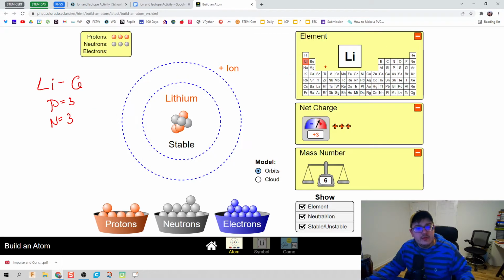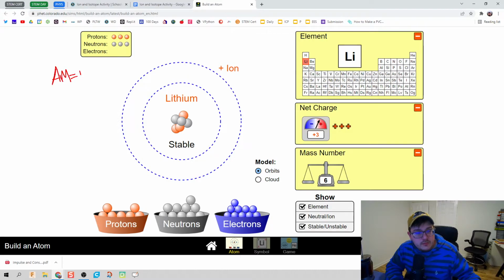However, if you notice up here, it says plus ion, meaning this has a charge, and it should, because we have 3 protons, 3 positive pieces, and 0 electrons. So, on your periodic table, I'm going to give you 2 things to write down. One's going to help you figure out your number of neutrons, and the other one's going to figure out your number of electrons. So, on your periodic table, somewhere in the corner, write atomic mass, so AM equals protons plus neutrons, because your mass is determined by what's in the nucleus of an atom.